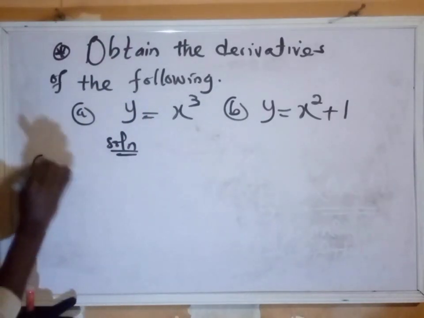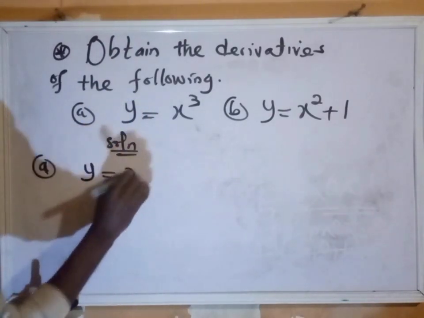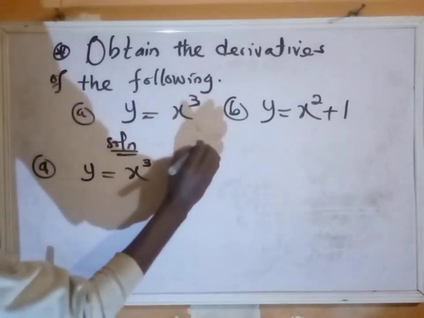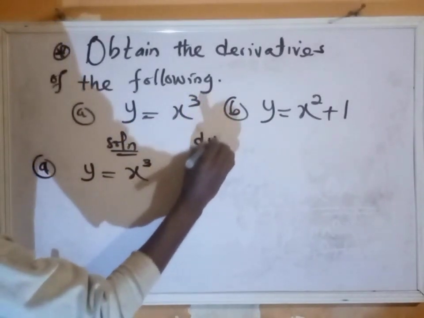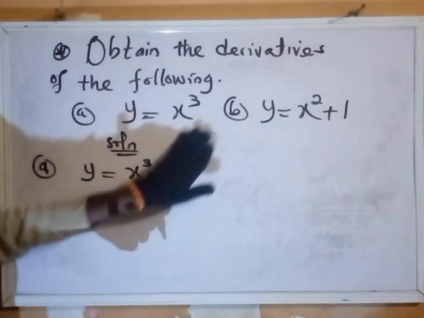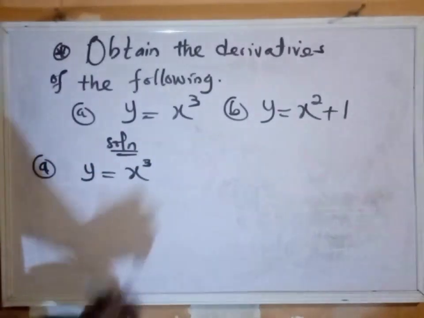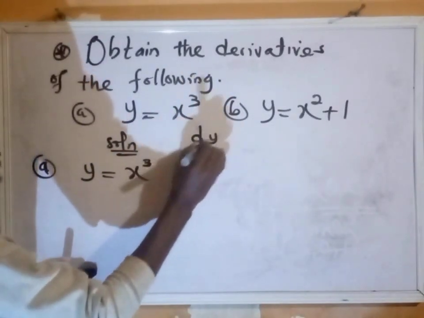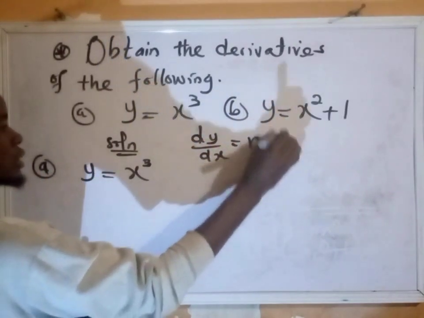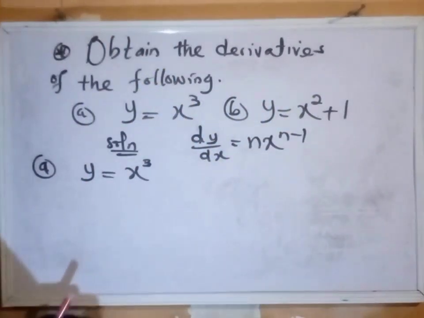The first one, which is a, is y equals x raised to the power of 3. But keep this formula in mind: dy over dx equals n x raised to the power of n minus 1.